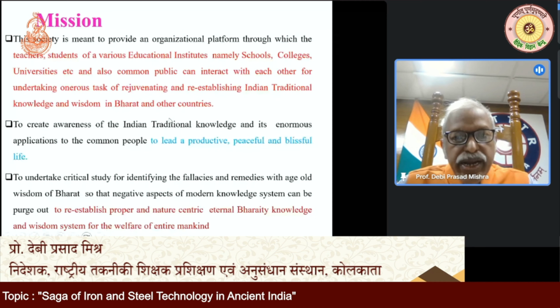That is very essential to lead a productive, peaceful, and blissful life, with a proper nature-centric, eternal Bharatiya knowledge and wisdom system for the welfare of the entire humankind.